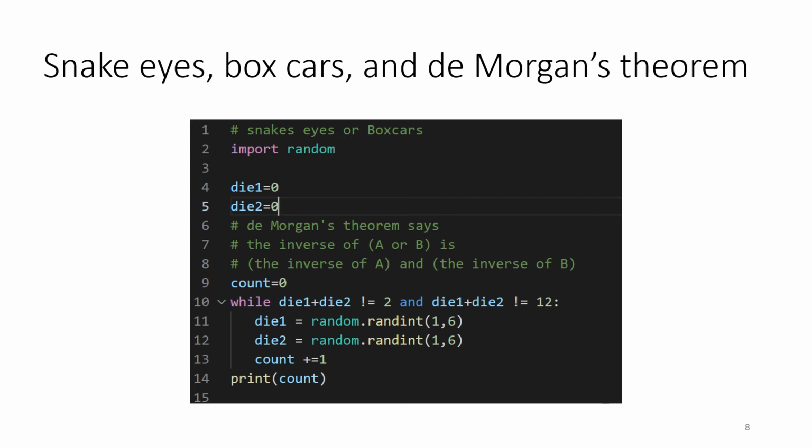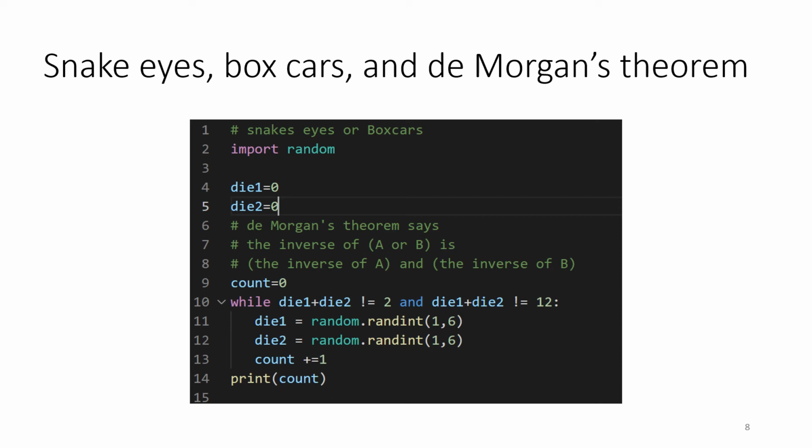That tells you that the inverse of 2 ORed conditions is the AND of the inverse of the 2 conditions. So again, the inverse of A or B is the inverse of A ANDed with the inverse of B.